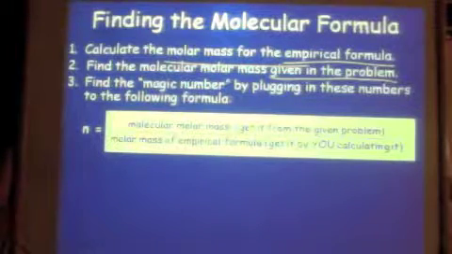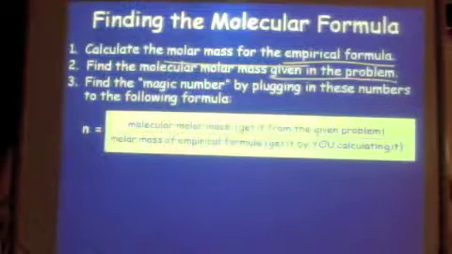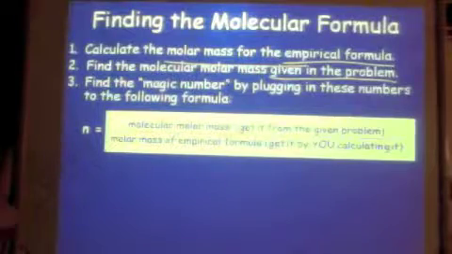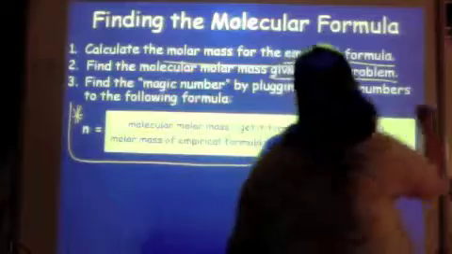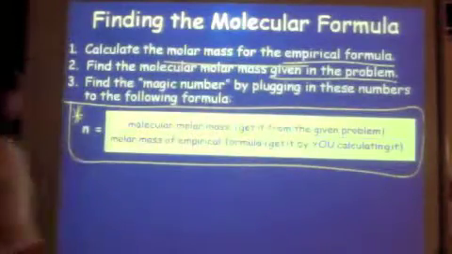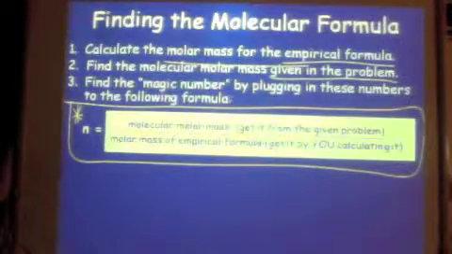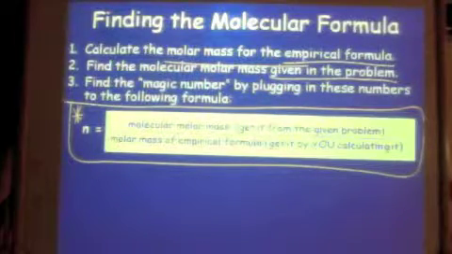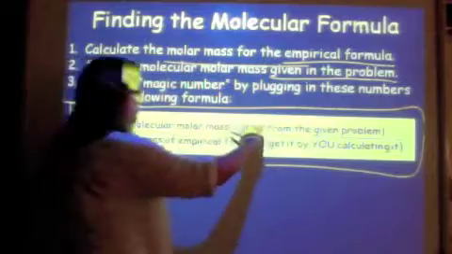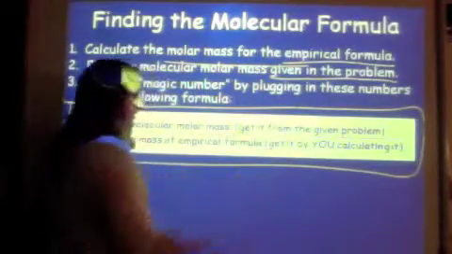So out of everything that's on this board or in your notes, because it might be a little bit fuzzy looking, look at your notes, this is key. You have to know this. N is the molecular molar mass divided by the empirical molar mass. So the given number divided by what you calculate.